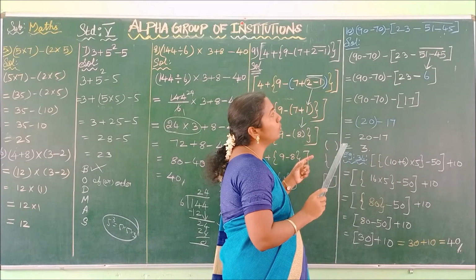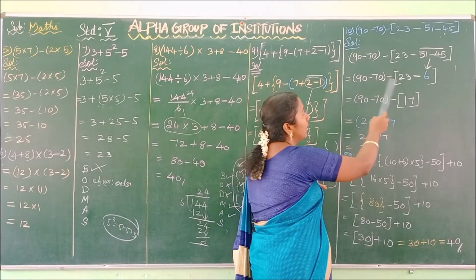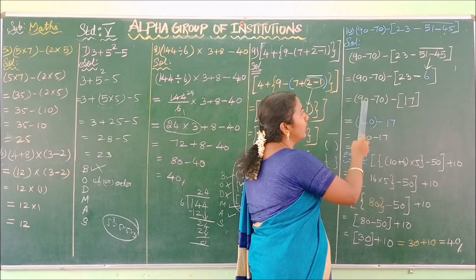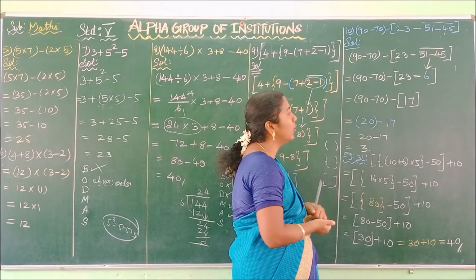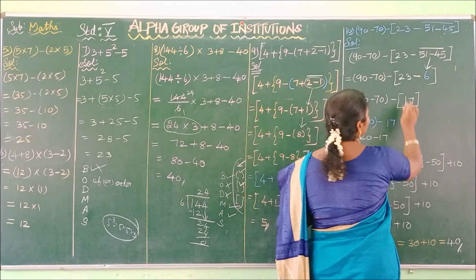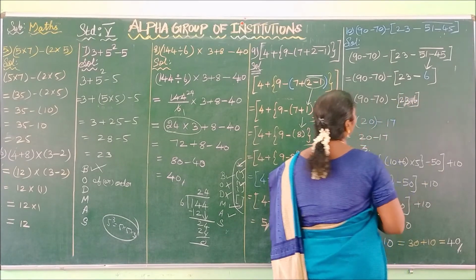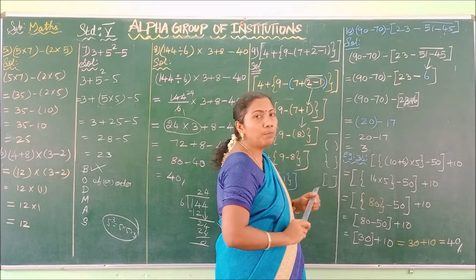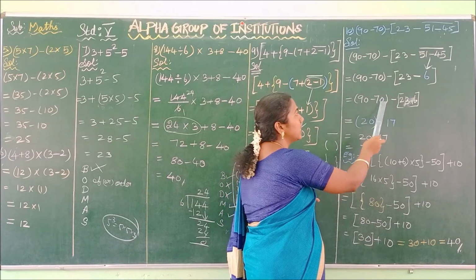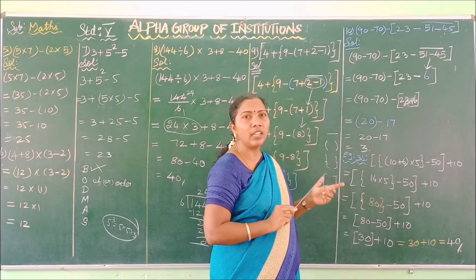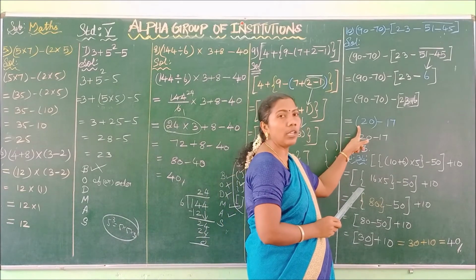Thus we get two brackets. First one is simple and then square. So you can evaluate the simple bracket first. Okay, and then you have to do this one. You have to write here 23 minus 6 as it is. First you have to evaluate this simple bracket. 90 minus 70. What is the answer for 90 minus 70? 20 minus.